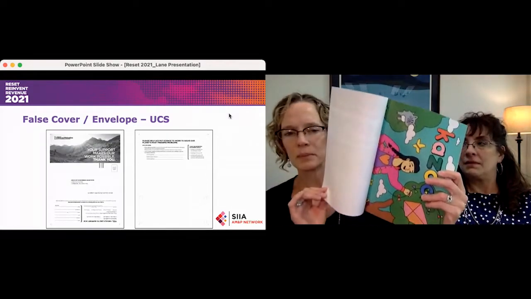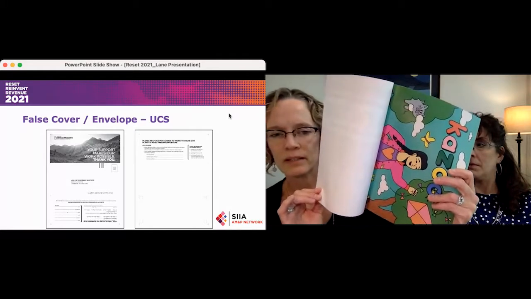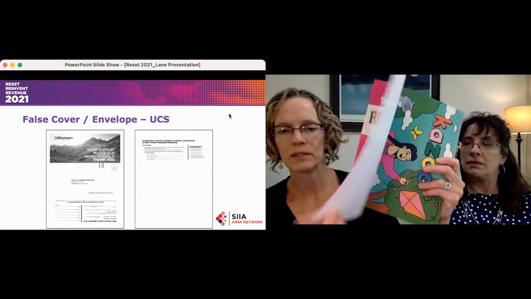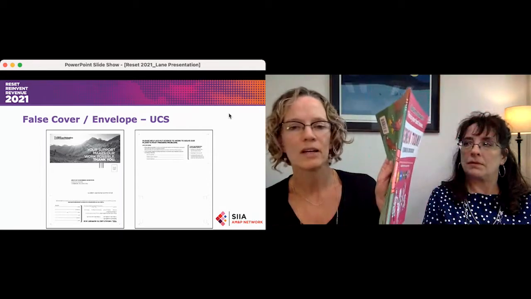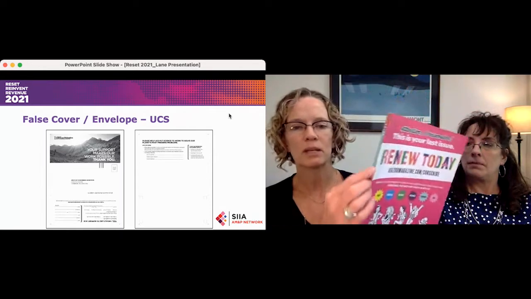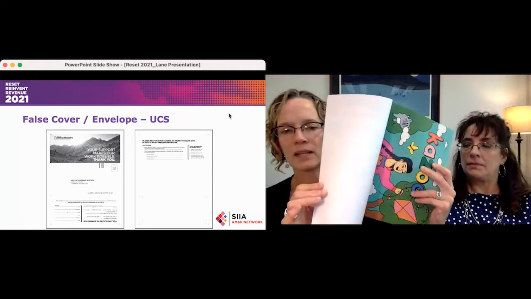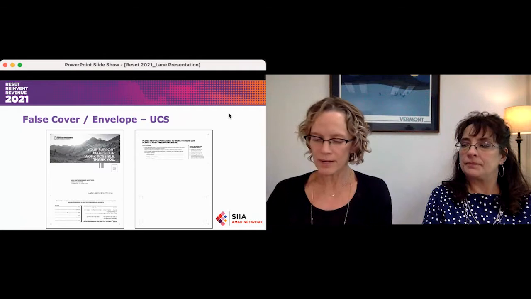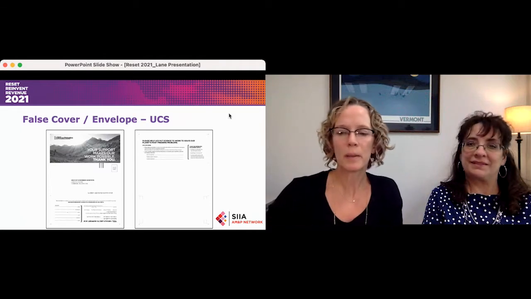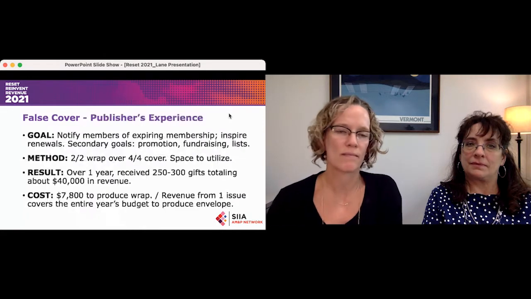Now, this may not be a great example because they did a very unconventional cover on this, so this doesn't look like your normal regular magazine cover, but this is one piece of paper tipped on to the front of a magazine, and that you would do on a perfect bound. It's 2 pages.